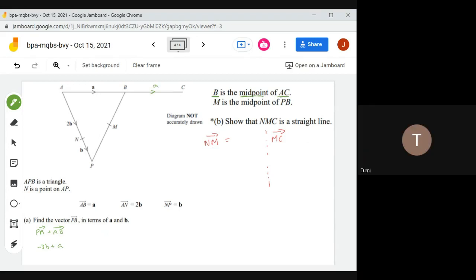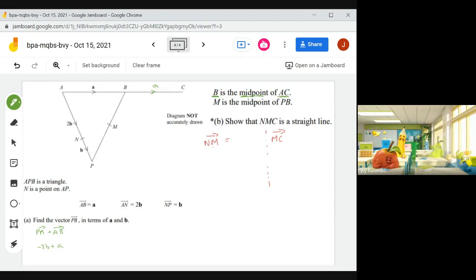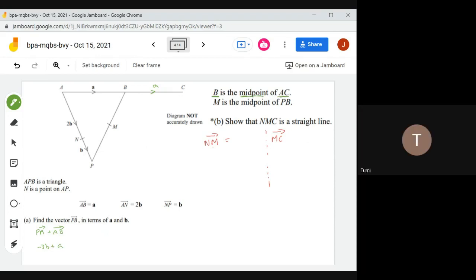Wait, you know the marks. Does it mean there's a... wait, would we find line M to B first, to find M to C?